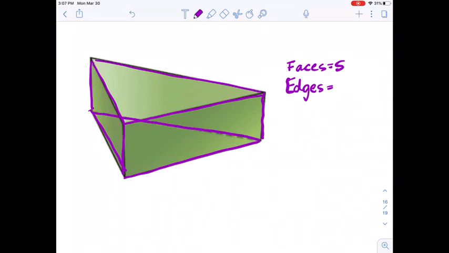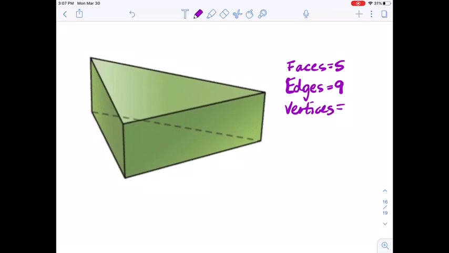Oh, I forgot that one. 9. Now we've got them all. 9 edges. Let's see how many vertices we have. Let's count them together. 1, 2, 3, 4, 5, 6. There are 6 vertices.